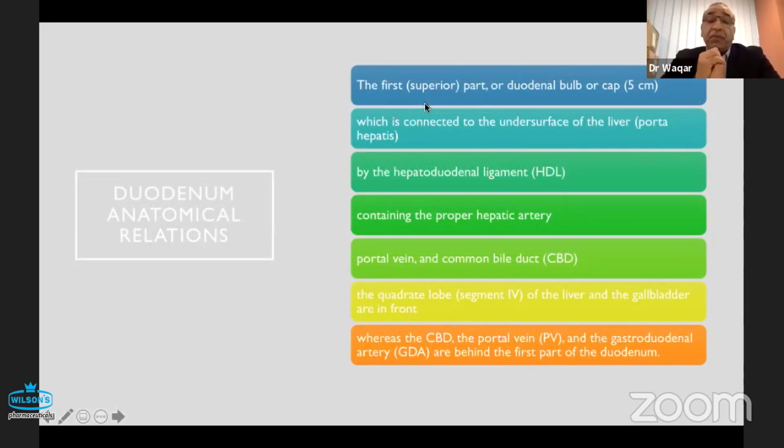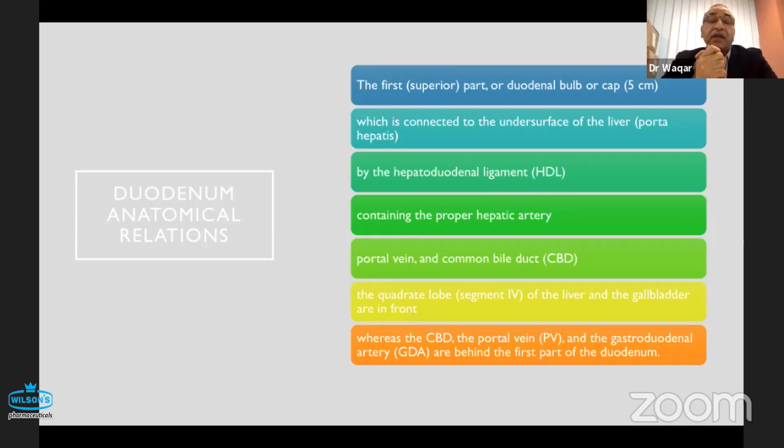The ampulla of Vater and the papilla are located in the second part of the duodenum. So it is important to review the duodenal anatomy as well, and the anatomical relations of the duodenum to the other structures. The first part of the duodenum, or the duodenal bulb, is connected to the undersurface of the liver, so it's in close proximity to the porta hepatis.